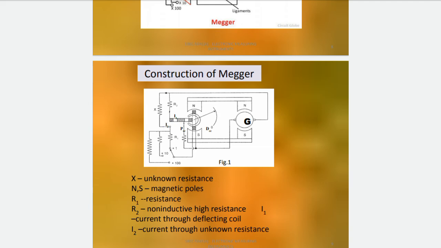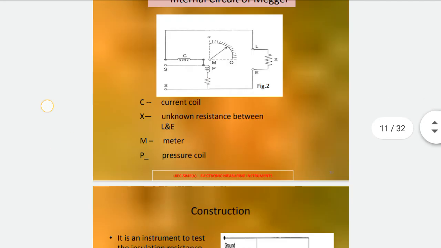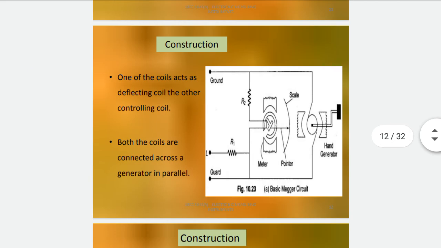The line terminal of the Megger, you can see the L representation there, is connected to the conductor of the cable, while the guard wire is connected to the cable insulation.